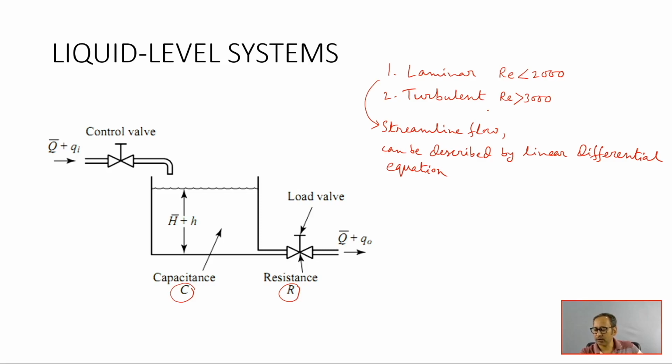But as I have told in earlier classes, any nonlinear system can be linearized about the operating point, if the variables do not vary much and reside in the close neighborhood of the operating point.